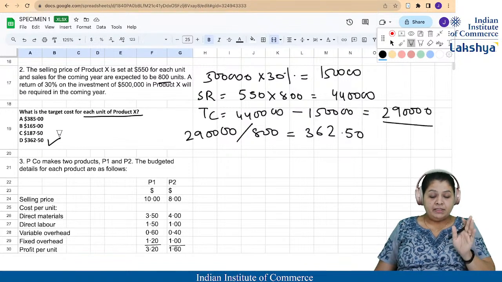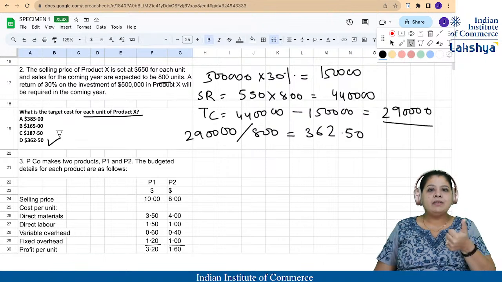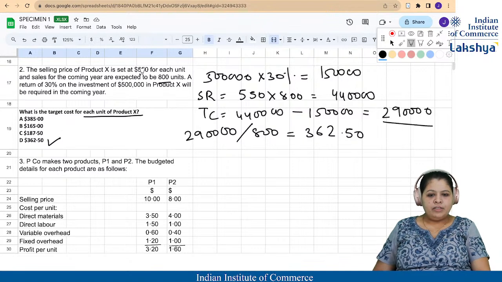I'm going to repeat this again with you. The question is a simple target cost question. You have your sales revenue, which you find out from your sales price and your number of units sold. This value is something that you're comfortable with. What confuses you is 'return of 30% on investment'.